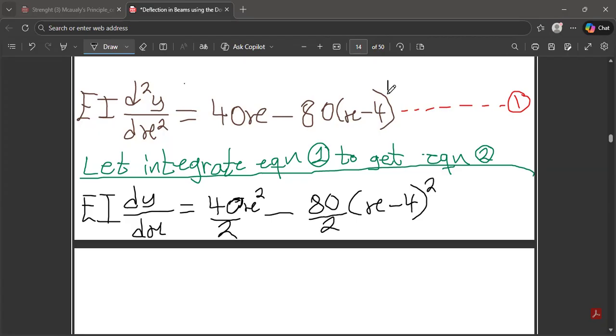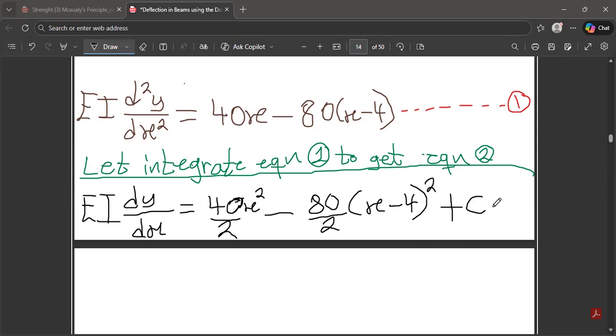This also has an exponent of 1, so at the end of the day, 1 plus 1 will give you 2, and you divide the whole of this by 2. As simple as ABC. So at the end of the day, because we have integrated, we are going to add plus C over here.